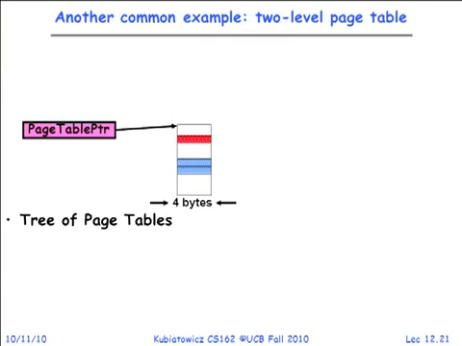So how many page table entries fit in a 4K page? How many? 1K, right? 1024? What's 4K over 4? 1K. All right? How many bits is 1K? How many? 10.